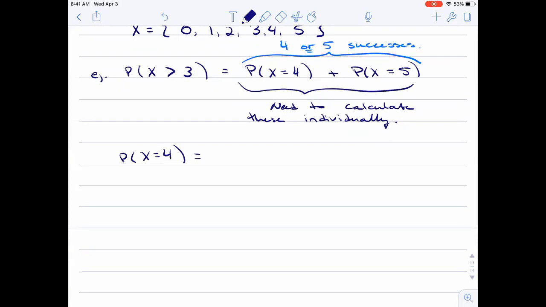On your formula sheet, or just from the formulas in the notes, you've got the probability that x equals 4. Well, let's start, because it's our first one, by hand. In general, the probability that x equals k is n choose k times p to the k times 1 minus p to the n minus k.